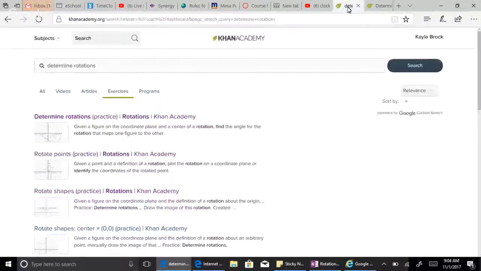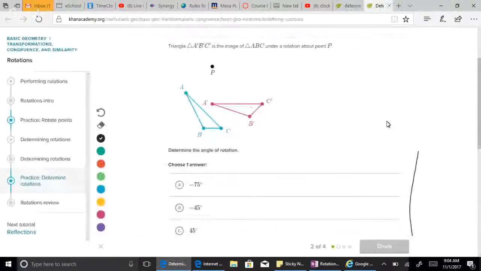So let's get started. Determine rotations. So triangle ABC is the image of ABC under rotation about point P. When they use the term about point P, what they're saying is this is the center.